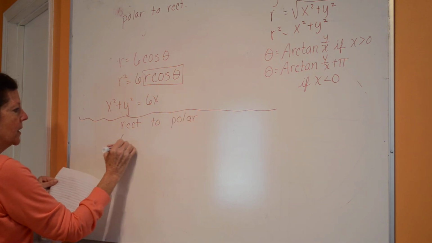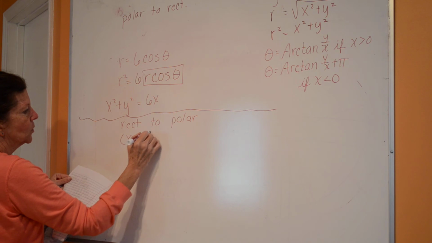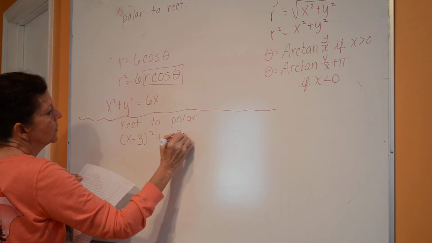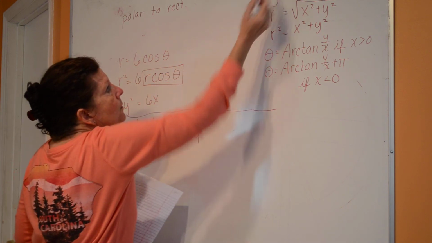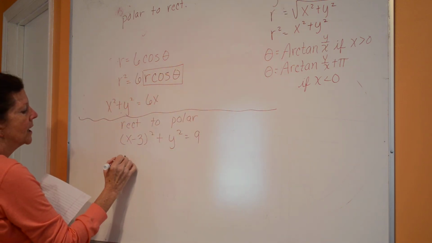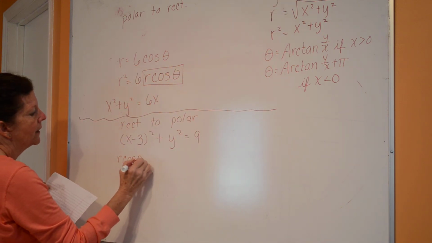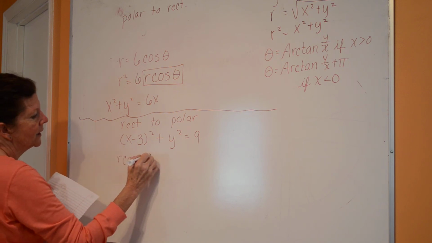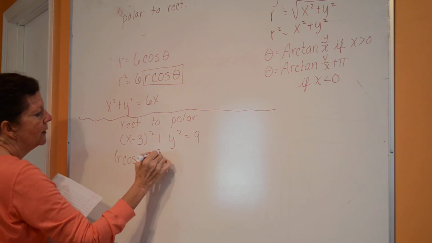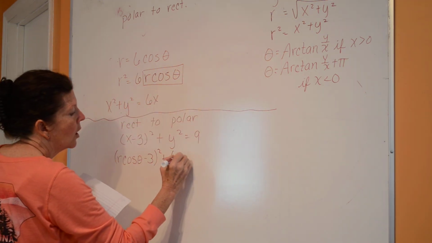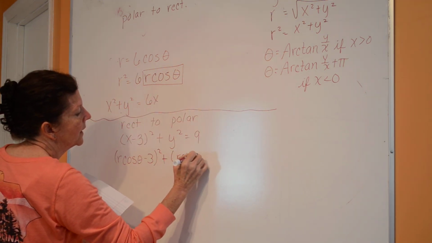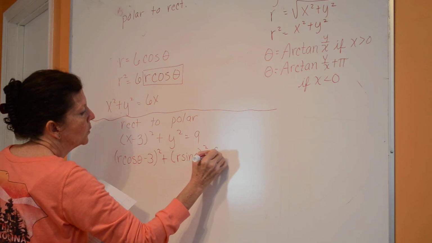Let's say you start with this: x minus 3 squared plus y squared equals 9. I know what x is equal to. x is equal to r times the cosine of theta, so I substitute that in there, minus 3 squared. And I substitute in for the y, so I have r times the sine of theta squared equals 9.